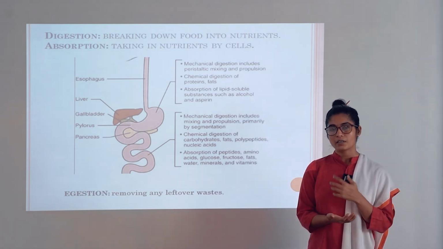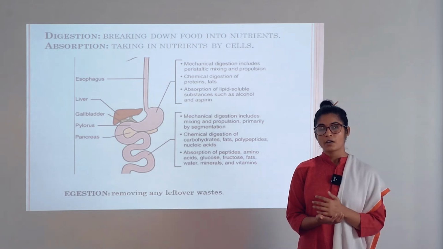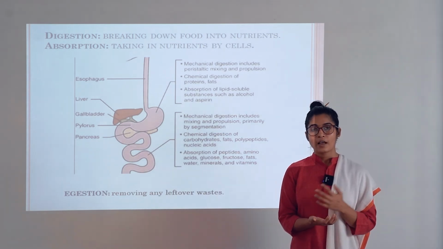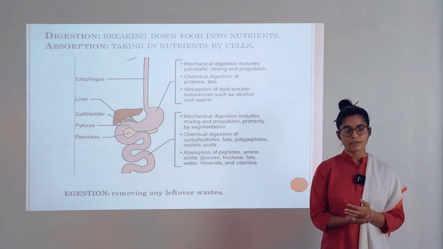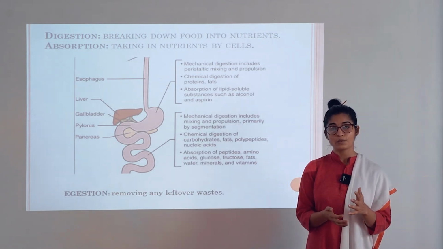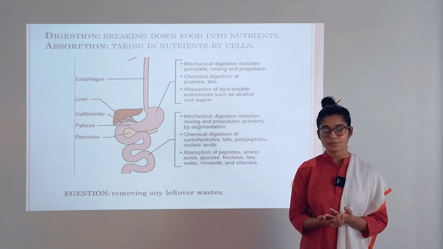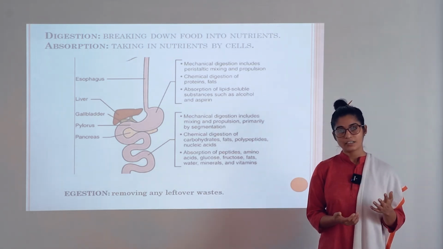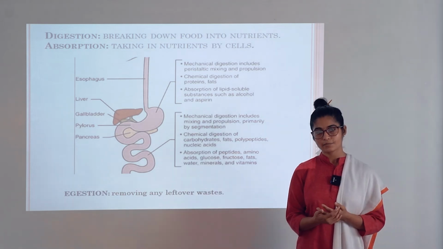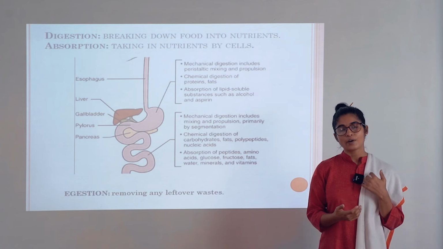Okay, so here in the small intestine, and in the stomach also, digestion of carbohydrates, proteins and fats happens. Carbohydrates break down into micronutrients such as glucose and fructose, fats break down into fatty acids, and proteins break down into amino acids.